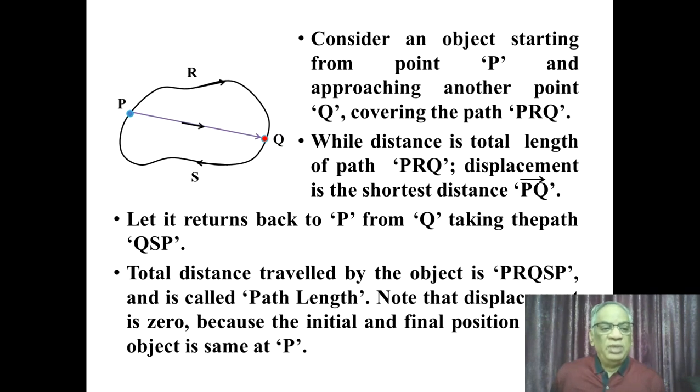But the net displacement: P to Q it went in one direction, Q to P it returned in the opposite direction. So the net displacement P to P is 0, hence the magnitude of the vector becomes 0, hence the displacement is 0. So if the body is moving from P to Q, the displacement is PQ, but if it is returning back to P, the displacement becomes 0.